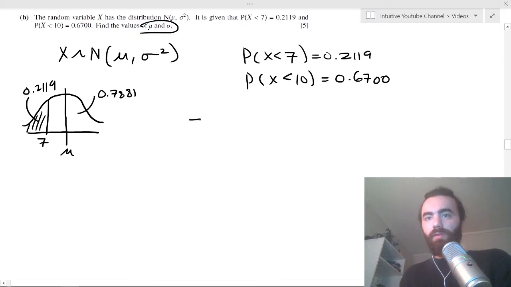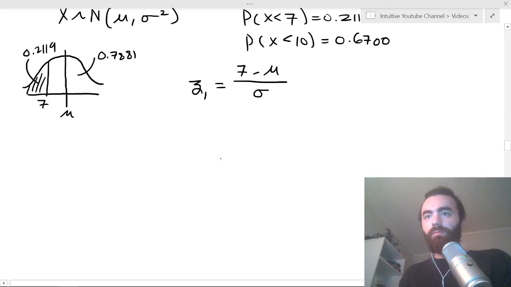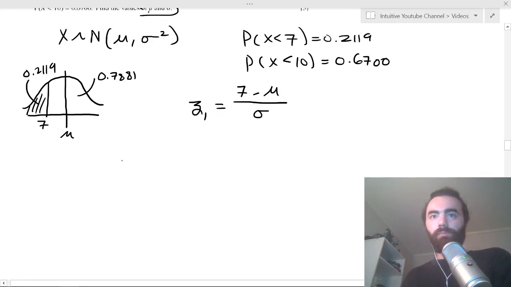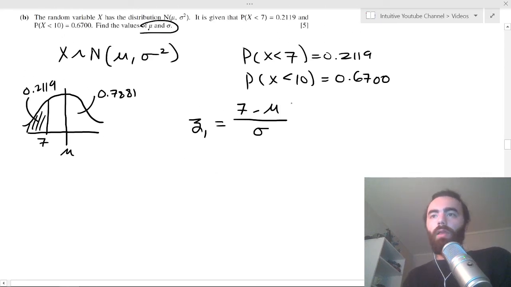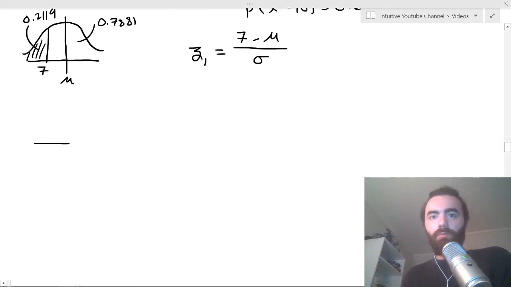So we can say the corresponding z-value, we could call it z1, because we know we're going to get 2 here, is equal to 7 minus mu over the standard deviation. And let's also draw out this other situation. So we just know what we need to find. Well, it's less than 10.